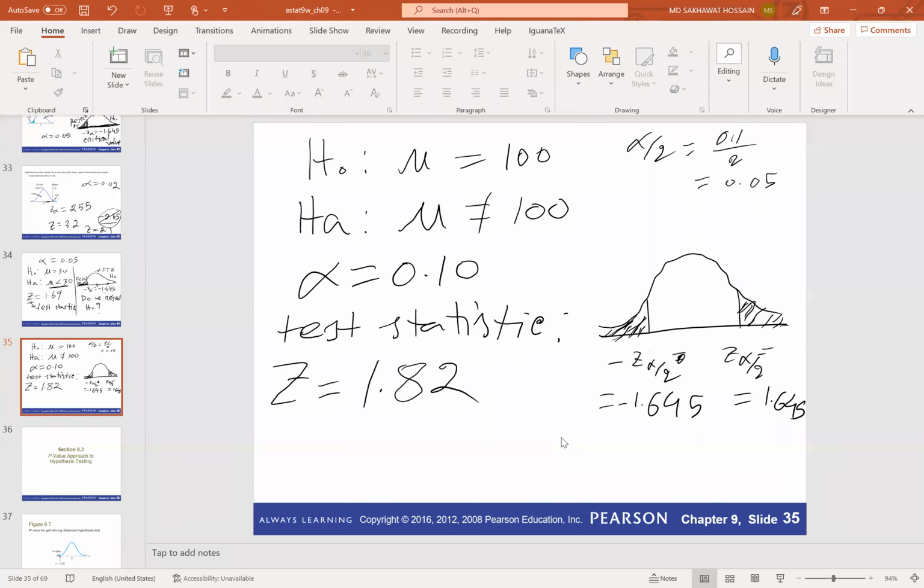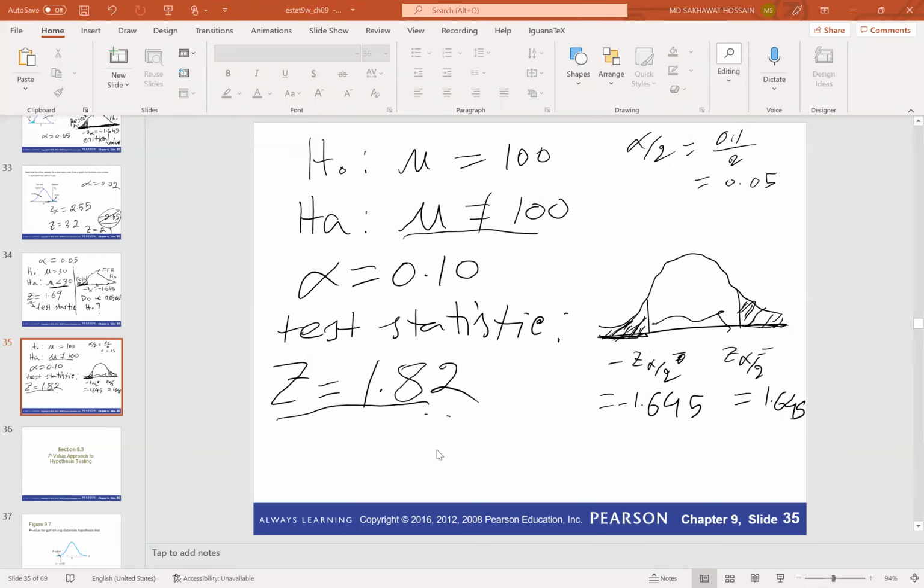We have two rejection regions, one on the right side and the other on the left side, because this is a two-tailed test. If the test statistic falls in the rejection region, we'll reject the null. That means if this value is either in here or somewhere here, then we will reject the null. But if the value of z is somewhere here, then we'll fail to reject null.